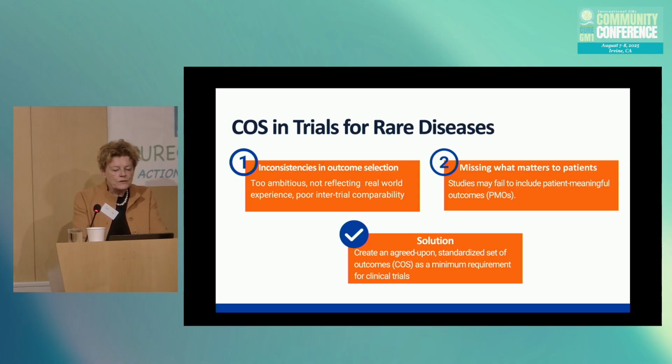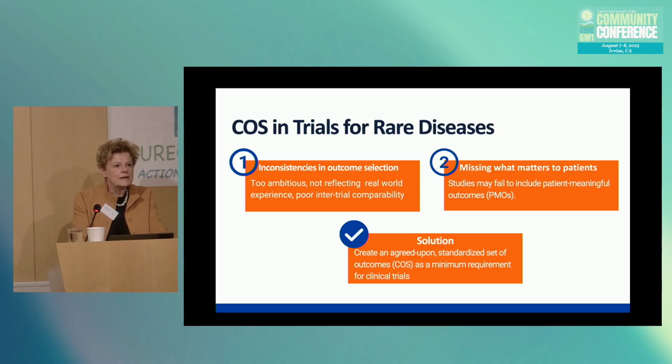So, COS in trials for rare diseases, why do we need them? First of all, there are inconsistencies in outcome selection between the trials. So if you have more than one trial for a condition, it's often difficult to compare really between the trials. And sometimes the outcomes are just too ambitious.